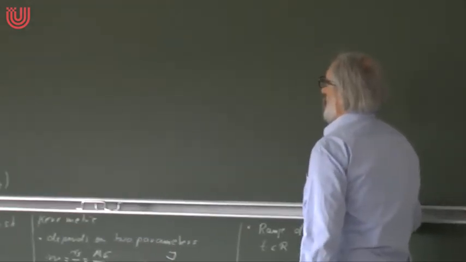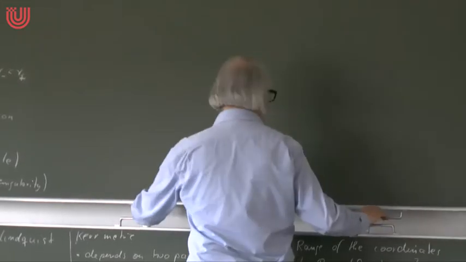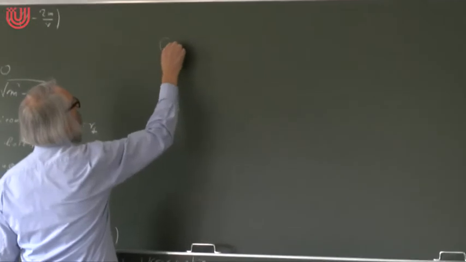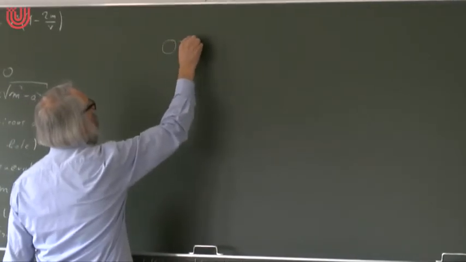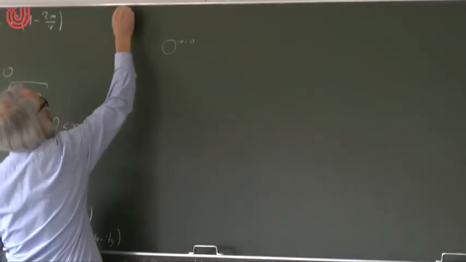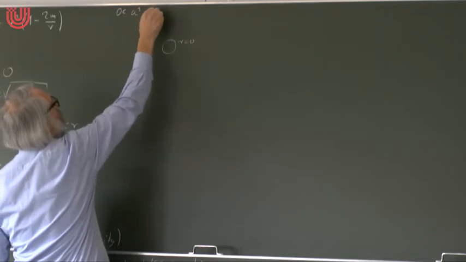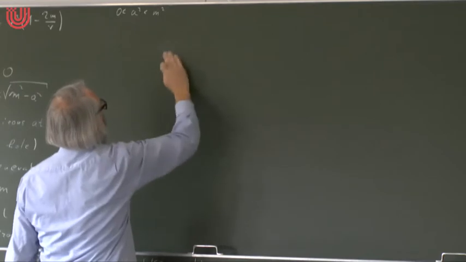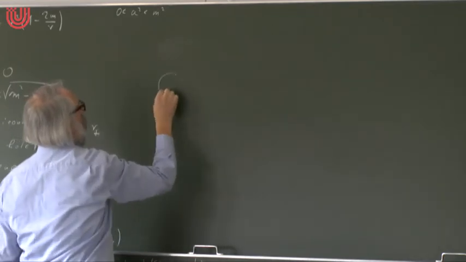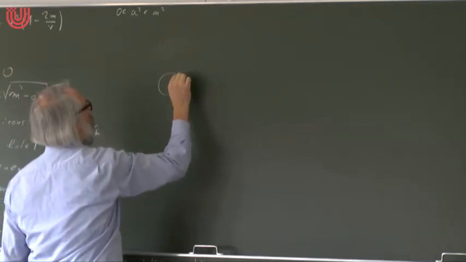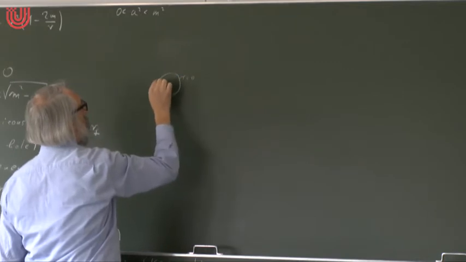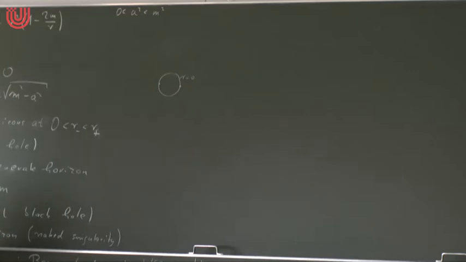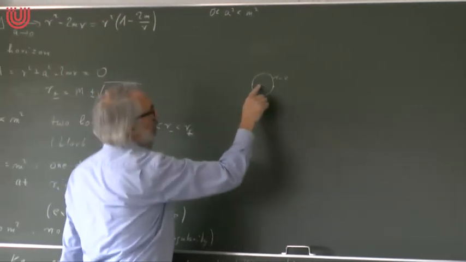Okay, so let me try to draw a little picture of the image as far as we have gotten it now. So we have here r equals 0. This is for the case that 0 is smaller than a squared, smaller than m squared. That's the situation I try to draw. So here is r equals 0. Here is a singularity on this ring. The inner region is a region r smaller than 0.